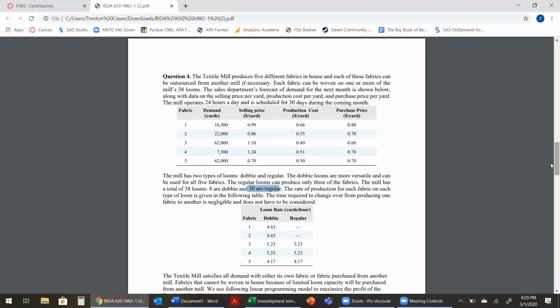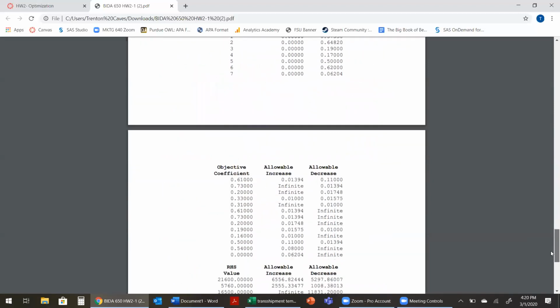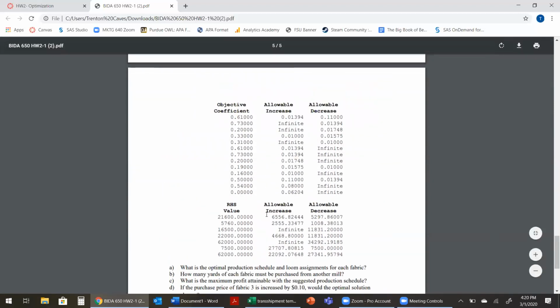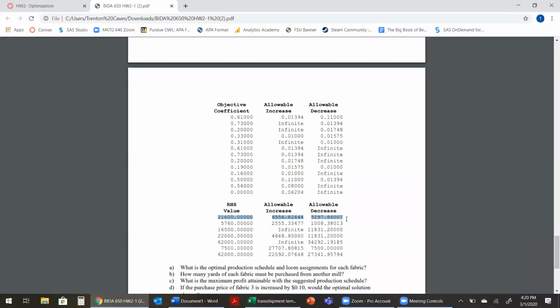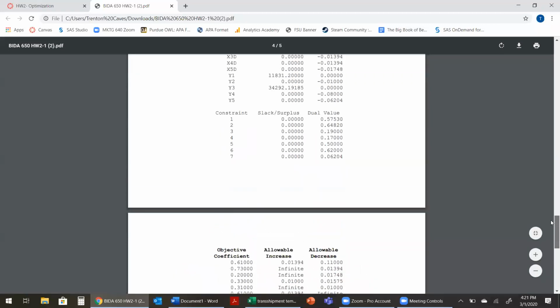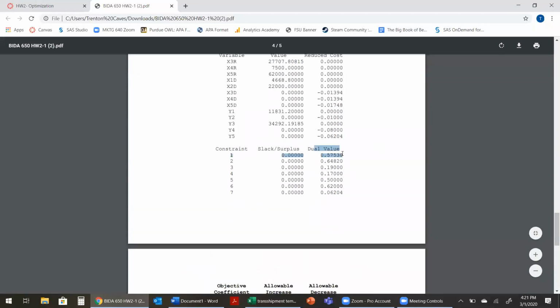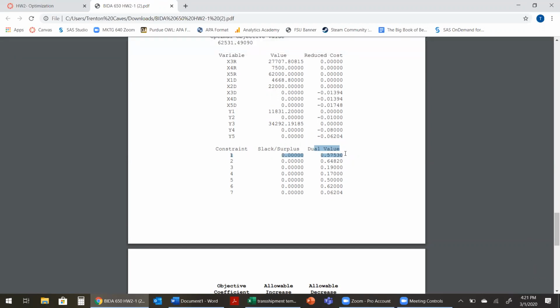It would. And the first thing to check though is, is it within the feasible range? So the first thing we have to look at is this number. We currently have 21,600 regular hours available. Our 720 is within the allowable increase, so it does not change our solution. So then our 720 times our dual value tells us the value of one additional regular loom.